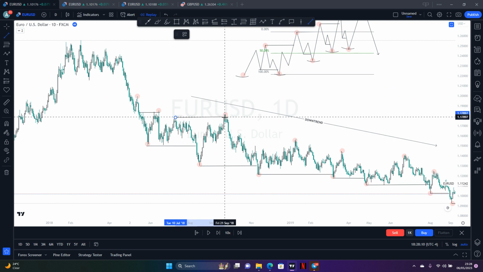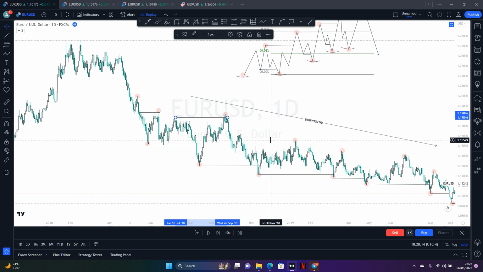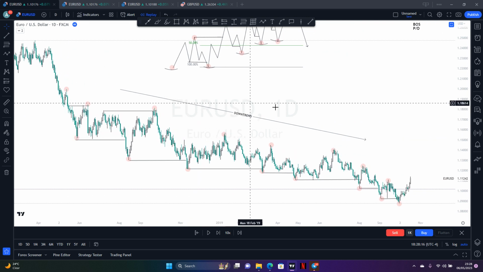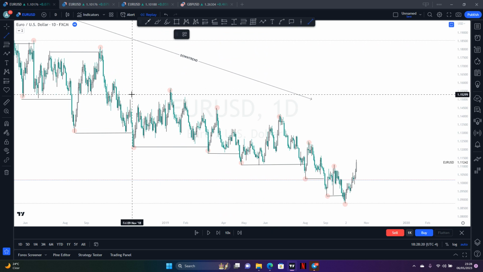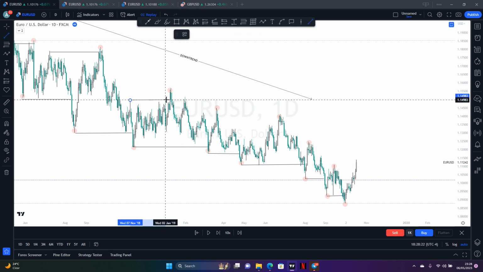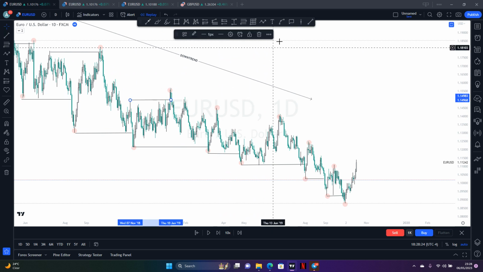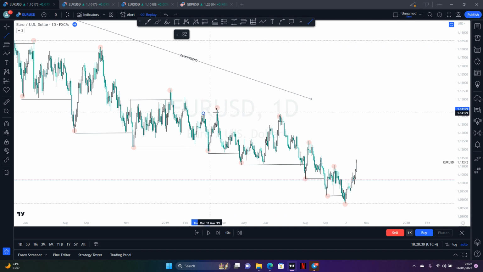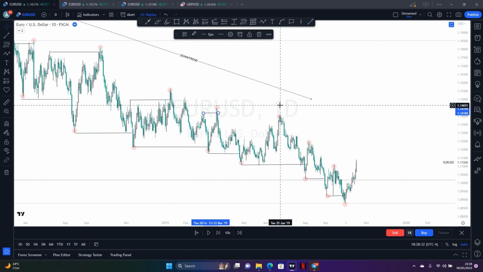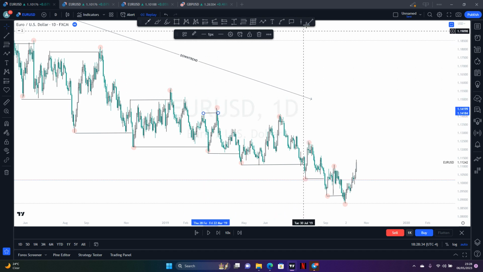So it grabbed liquidity from this low before this down move. And then what about these ones? The same thing. Grab liquidity, and then this one grabbed liquidity, and then moved to the downside.